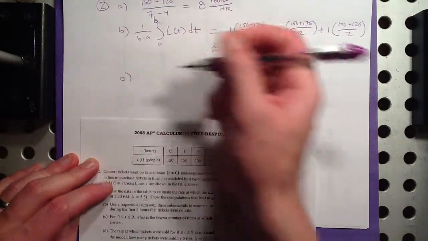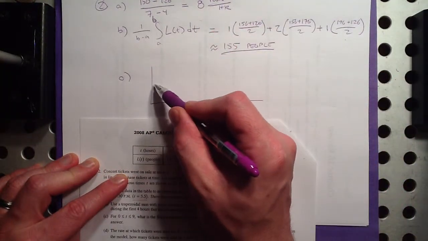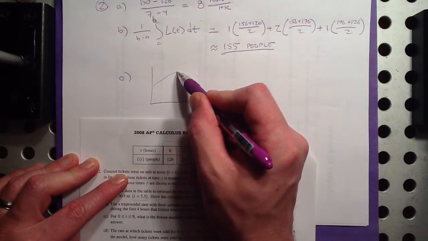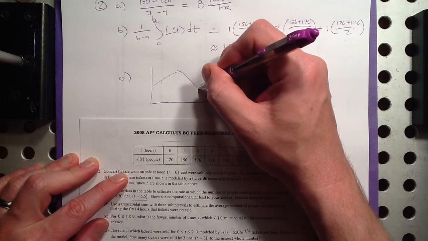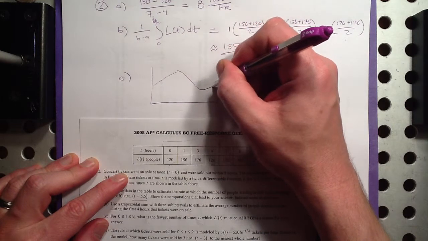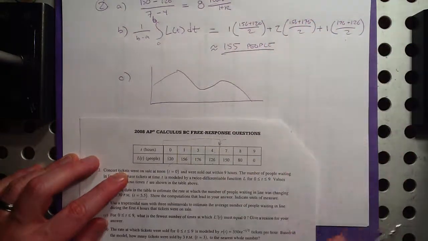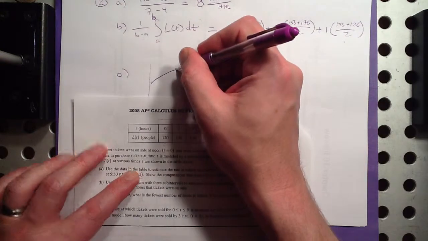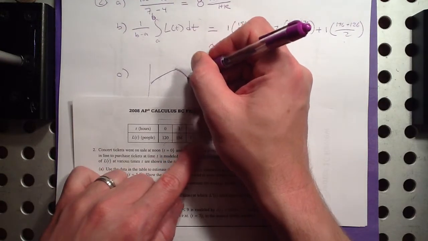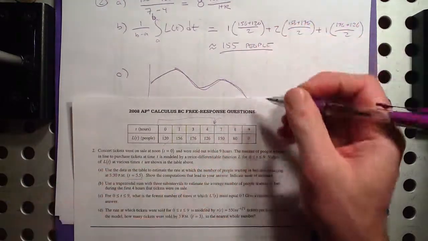So let's just make a little sketch of that. It increases, and then decreases to 126, then it increases to 150, and then decreases down to 0. Let's make sure we got that right: increasing up to here, decreasing, increasing, and then decreasing down to 0.